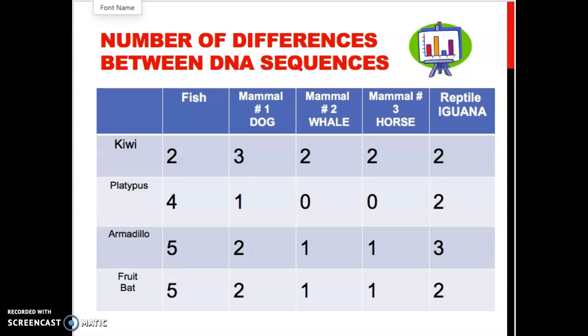So we can trace DNA patterns in all living things and find the percentage of DNA that different species have in common. And that's what you did here. That's all that you did is you looked at one particular gene and you saw how similar and how different animals' DNA is.